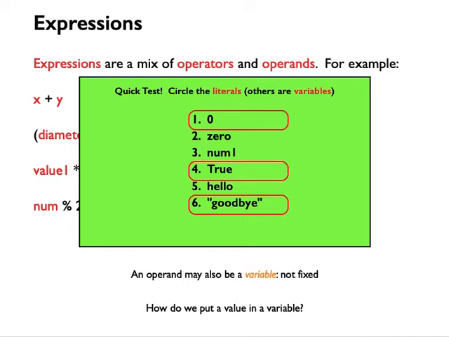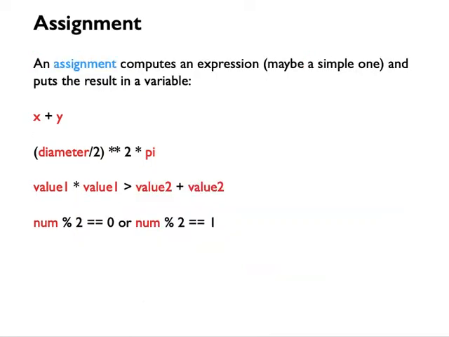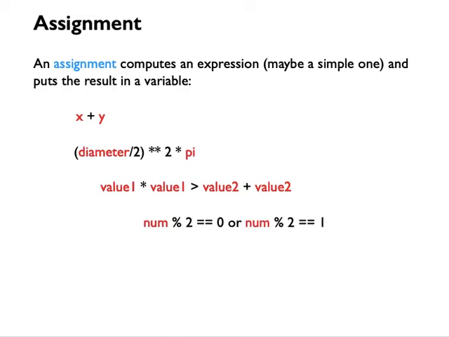We can take values and put them into variables. We do that with something called an assignment statement. An assignment statement will assign a value to a variable, and the value could come from a literal or from an expression.